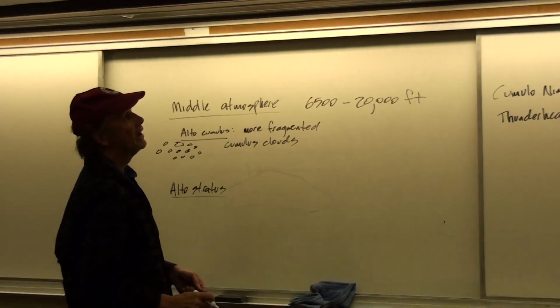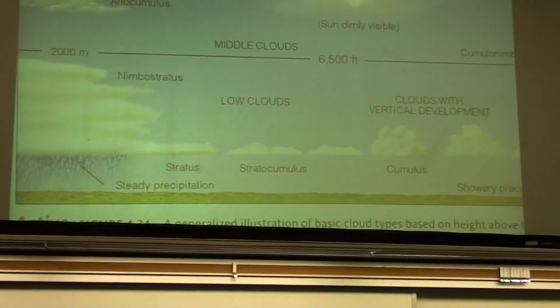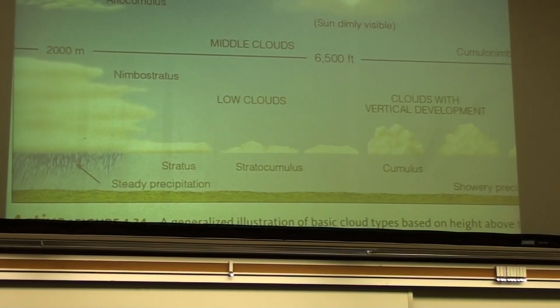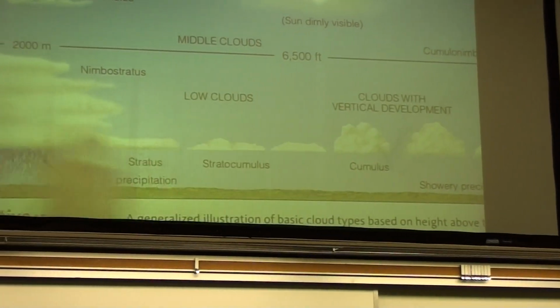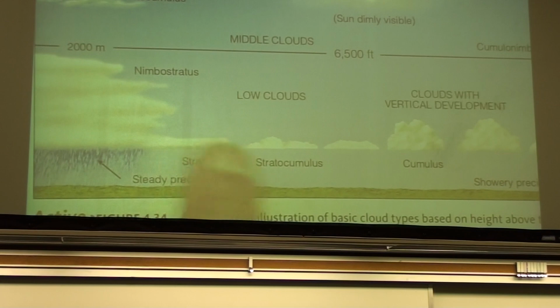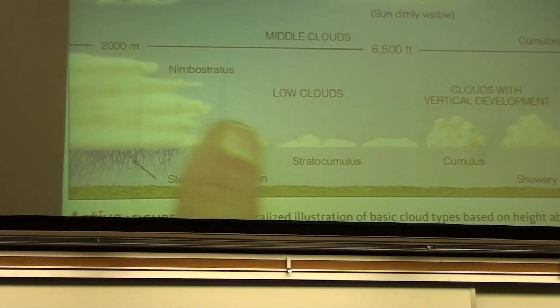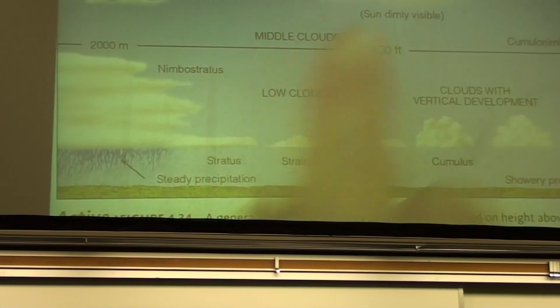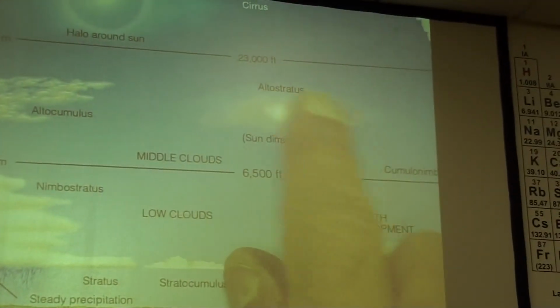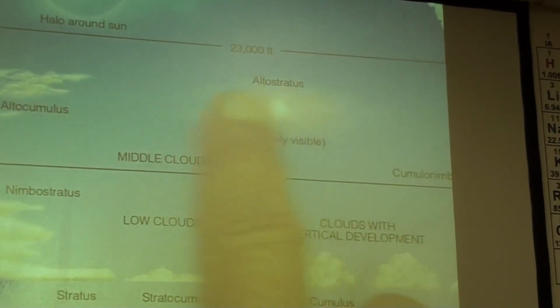So remember that our stratus clouds are basically thicker down below, but somewhat uniform in composition. Here it's thinner, but somewhat uniform in composition.